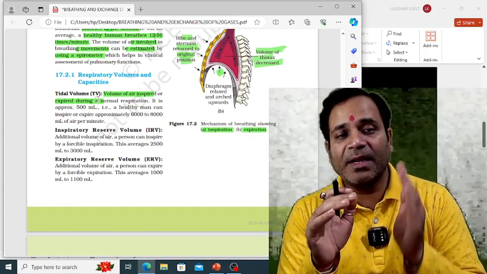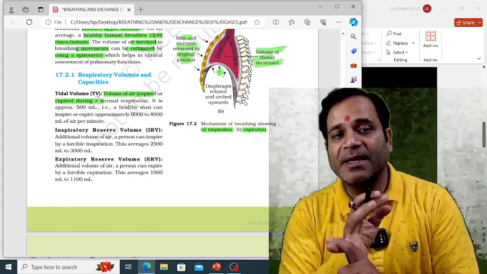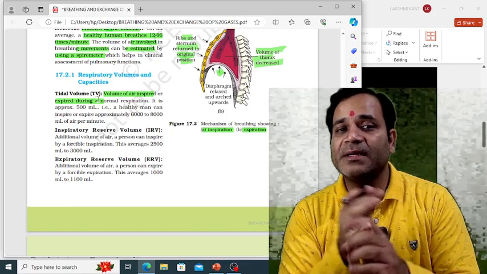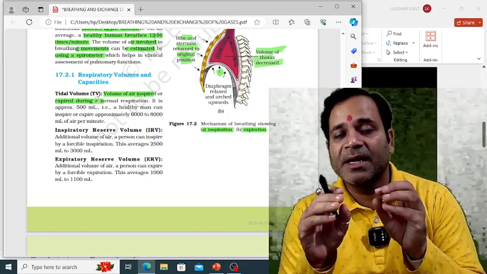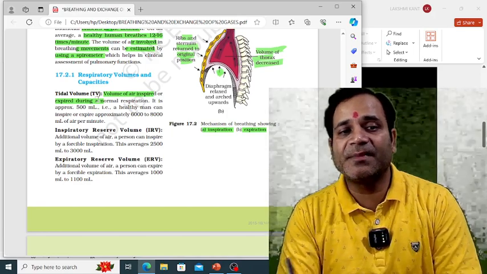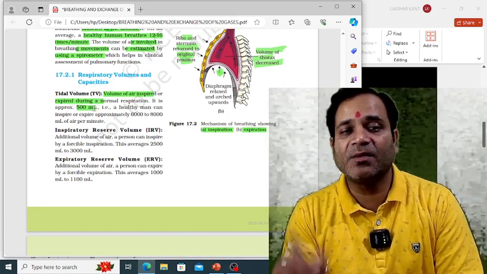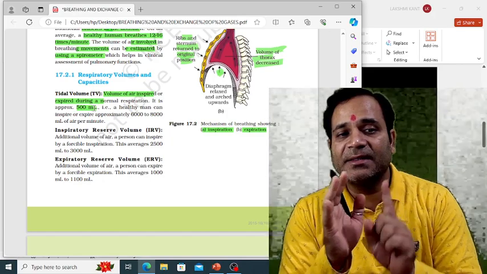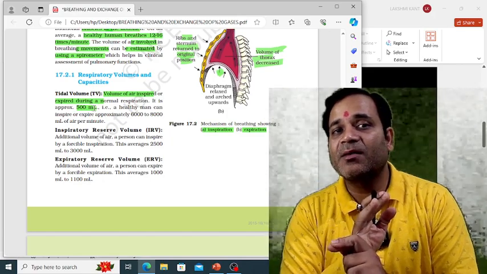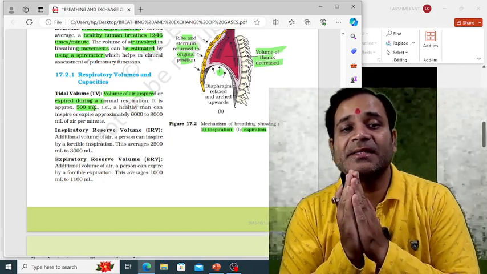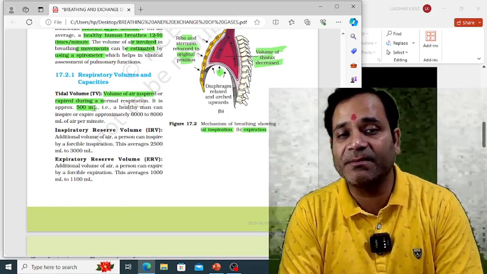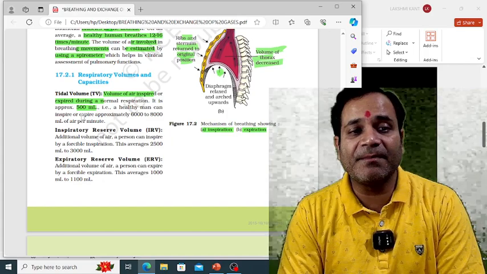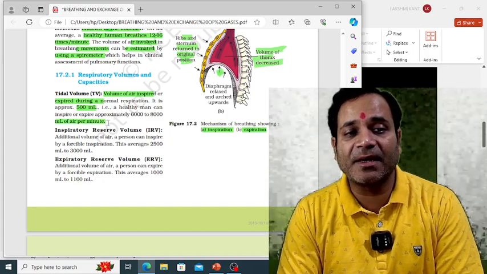So whatever the volume of air inspired or expired during normal respiration, it's approximately how many milliliters, my dear? That is 500 milliliters. Okay, so you know that a healthy person can inspire or expire approximately 6,000 to 8,000 milliliters of air per minute, my dear. This is an important line.